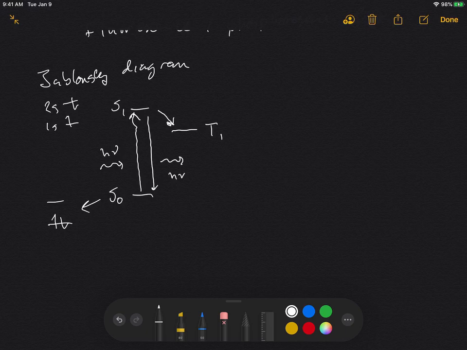Once it's in the T1 state, there's no easy way for it to go back to the ground state because it requires flipping a spin, and there's nothing around to give it the angular momentum needed to go back down to S0. So this is a long-lived state, and it decays by phosphorescence. And this other arrow here is fluorescence.